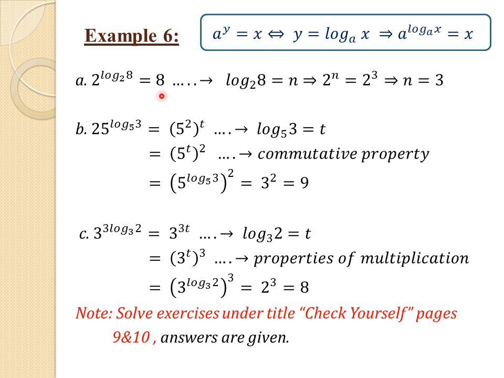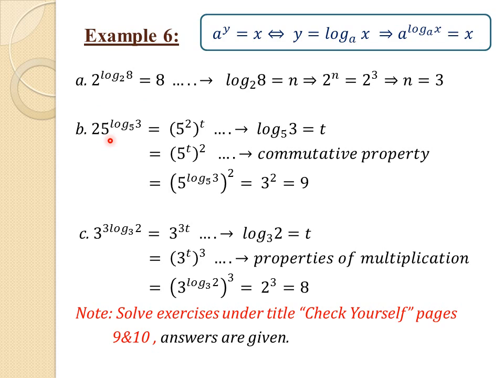Now, if you don't know how to solve it directly in this way, we can just take this exponent, logarithm 8 base 2, equal to n, for example. Then 2 power n equal 8. So this is 2 power 3, and then n equals 3. If you substitute this n here instead of the log, it's going to be 2 power 3 equals 8.